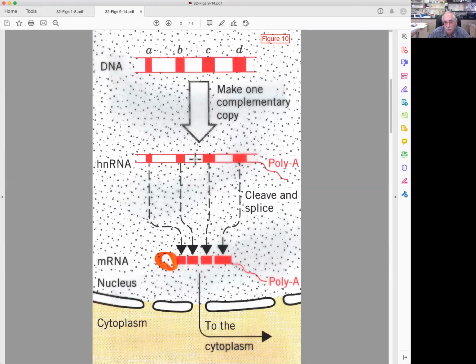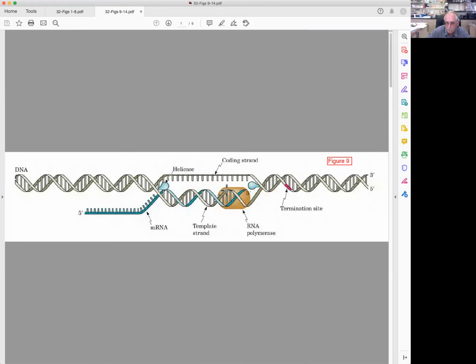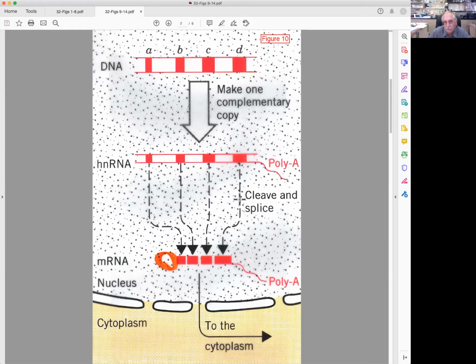As it's being processed, here's the heteronuclear RNA, which is immature messenger RNA. The poly A tail is put on there. You cut out the introns, right? And you ligate the exons together, and then you add this GTP cap, and then it can come out into the cytoplasm.